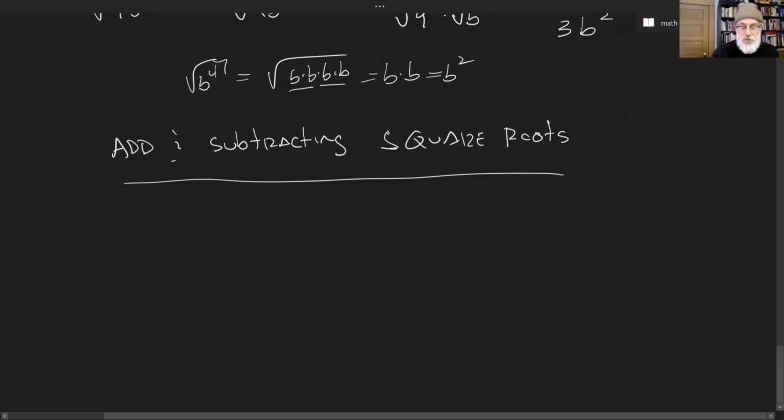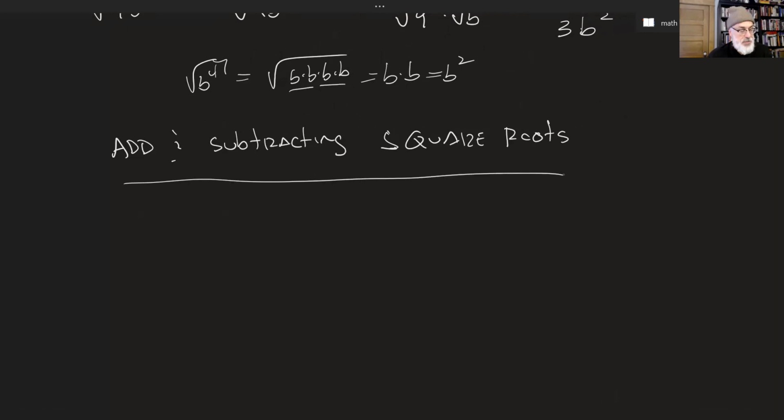So the rule for adding and subtracting square roots is that the radicand, the thing under the radical, has to be the same.